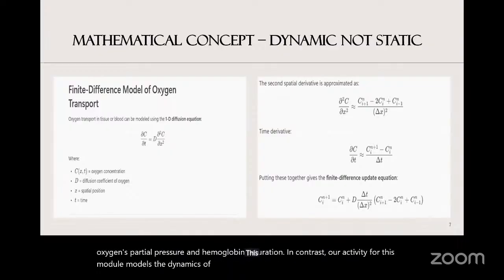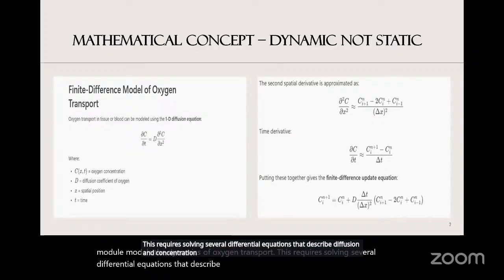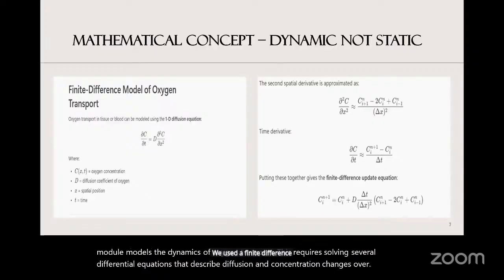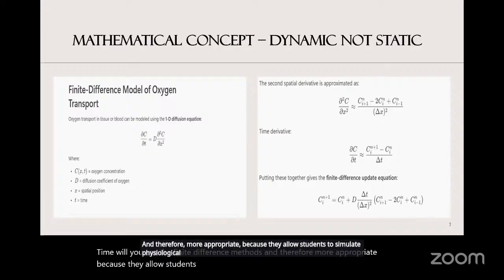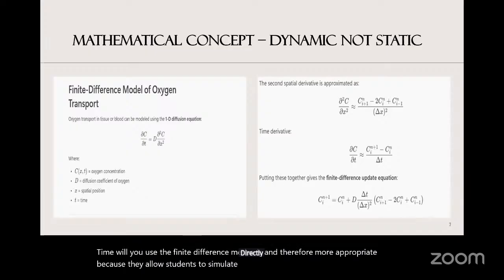This requires solving several differential equations that describe diffusion and concentration changes over time. We use finite difference methods, which are more appropriate because they allow students to simulate physiological processes directly rather than relying on the empirical steady state curve provided by the Hill equation.